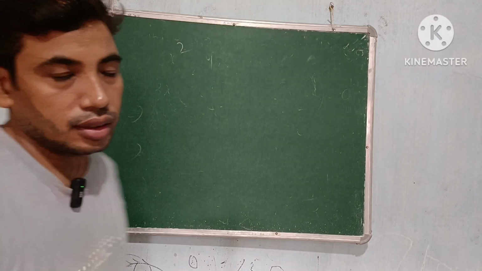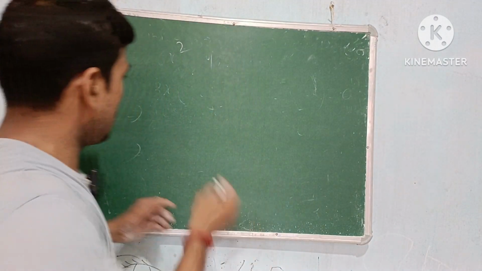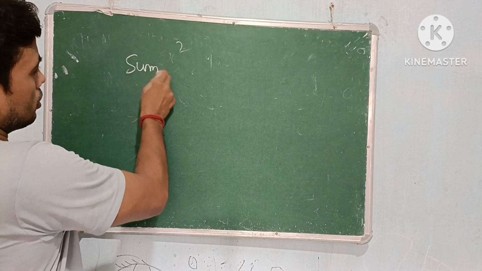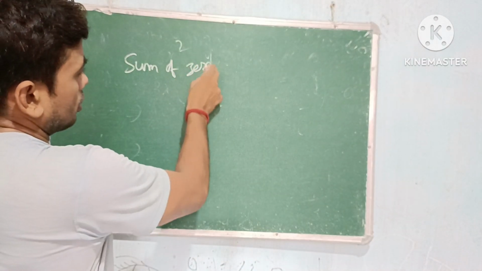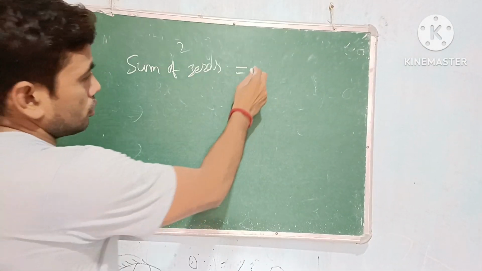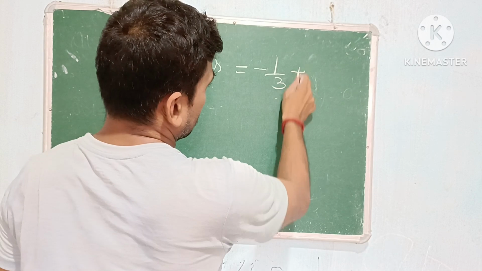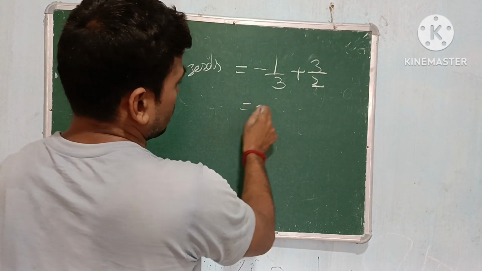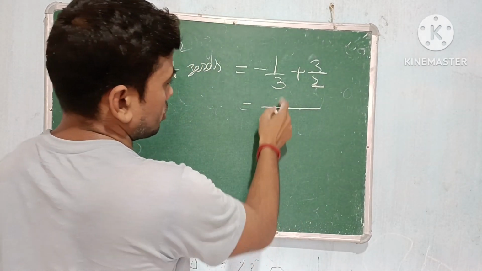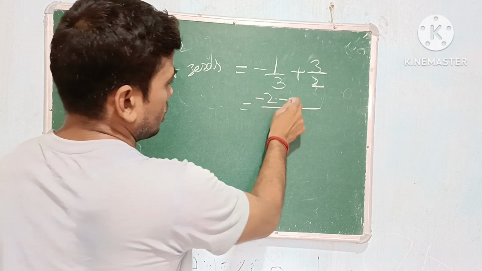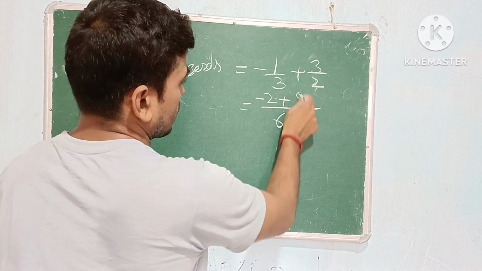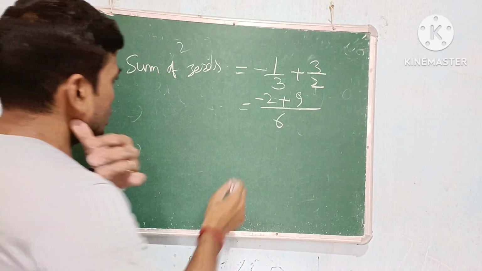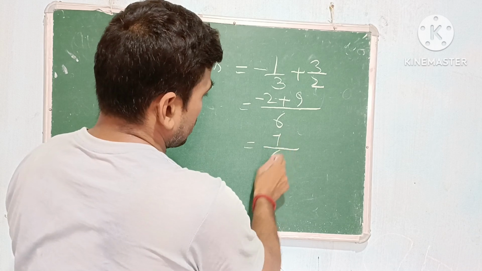Now we verify the relations. First, the sum of zeros. What we get? Minus 1 by 3 plus 3 by 2. The LCM of 3 and 2 is 6: 3 twos are 6, 2 ones are 2, 2 threes are 6, 3 threes are 9. So we get 7 by 6.